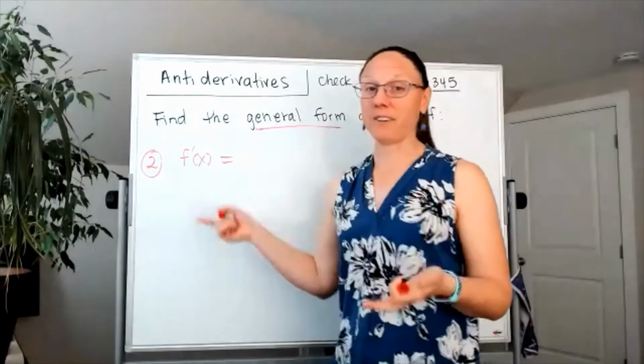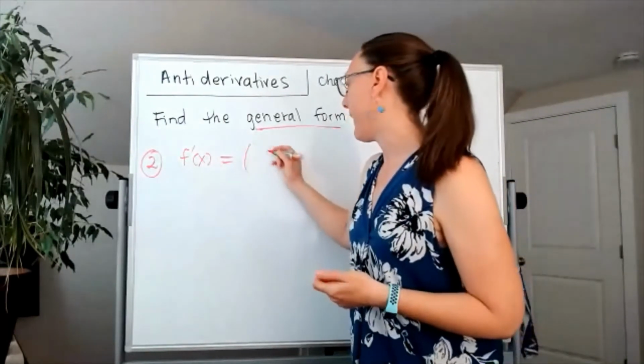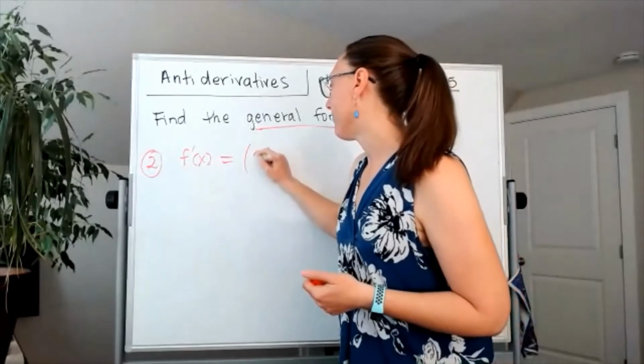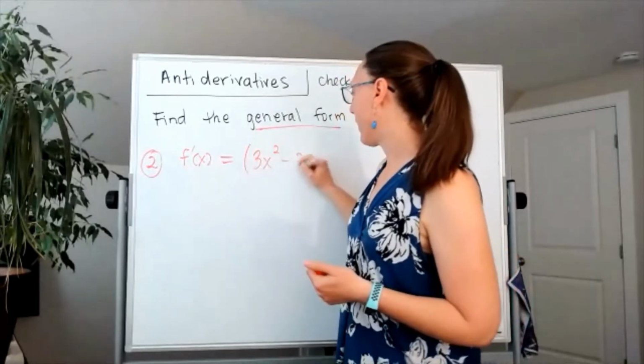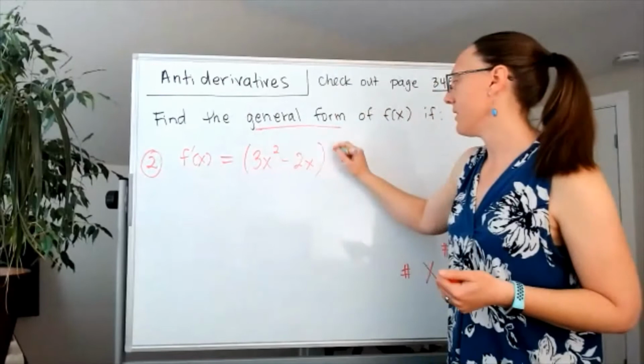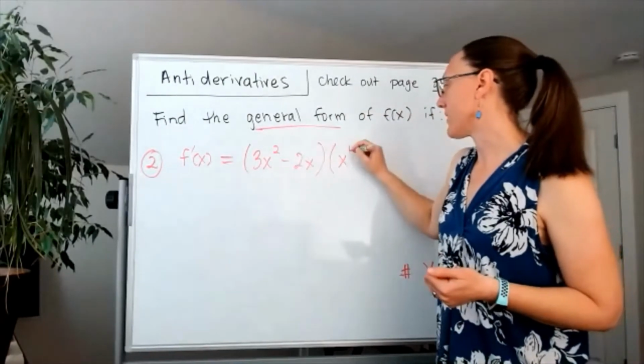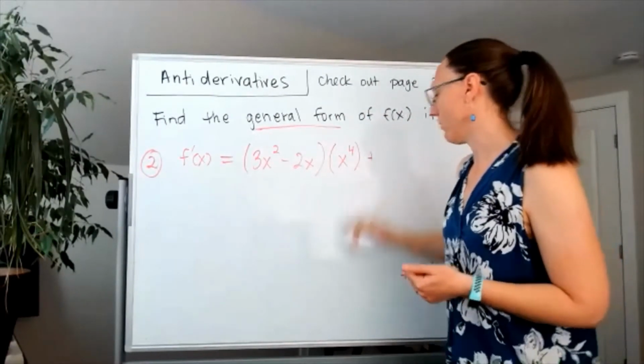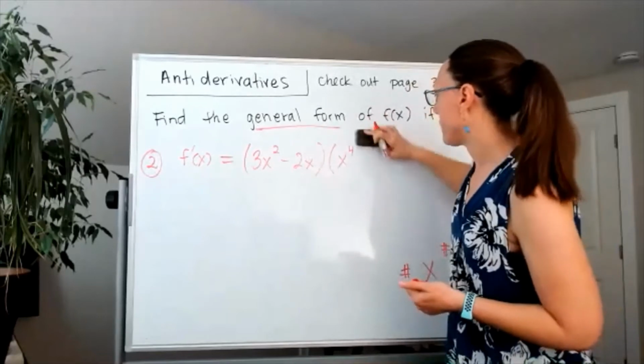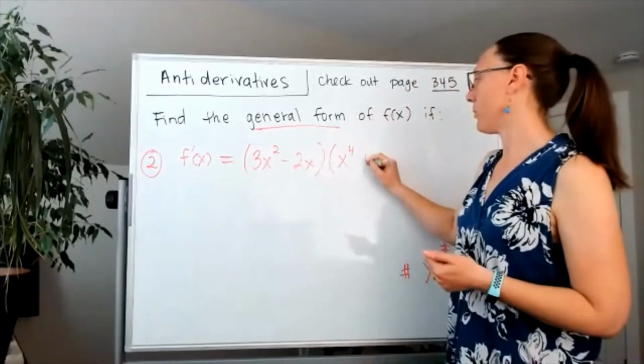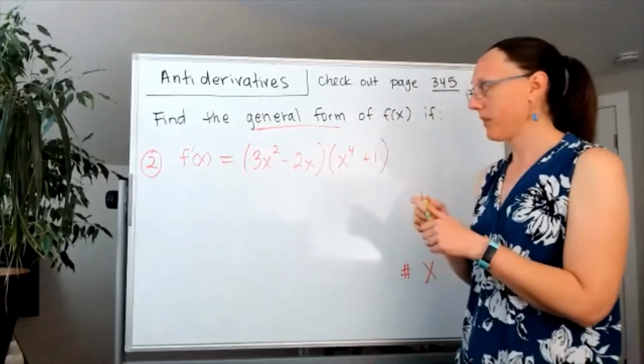For example, if I started off with something like 3x squared minus 2x times x to the fourth plus 1.